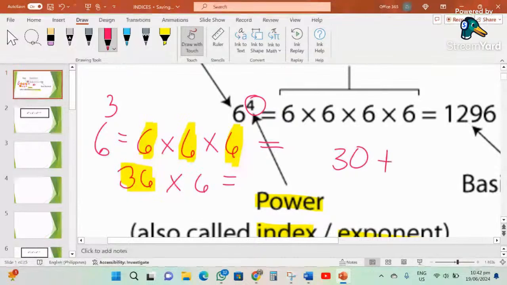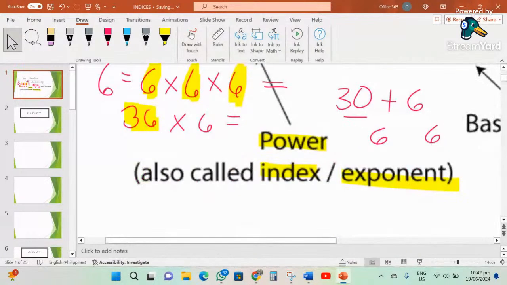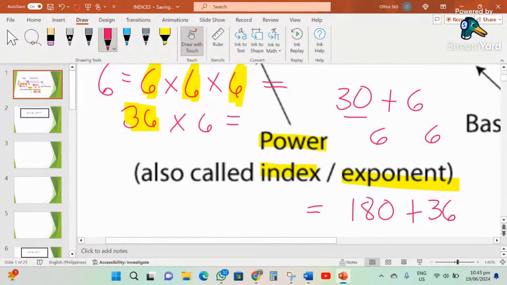And multiply 30 by 6 and 6 by 6 as well, without using the calculator. So 30 times 6 is 180, and 6 times 6 will be 36. Then add these two together. So you have 0 plus 6 is 6, 8 plus 3 is 11. You put 1 in there. 1 plus 1 will be 2. So that is 216.